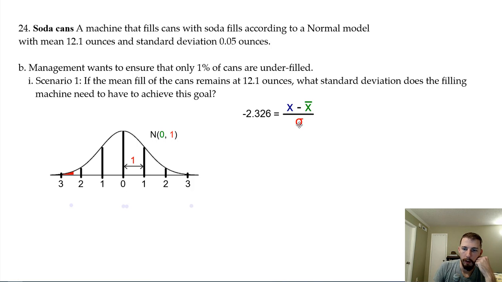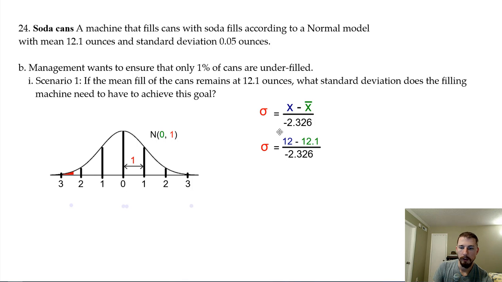Then this is the z-score, which is the observation minus the mean divided by the standard deviation. Now our observation that we're looking for is 12, and our mean is going to be the exact same, 12.1. So it's 12 minus 12.1. Now a trick that we can do here is we can actually switch the order of these two because we're multiplying both sides by the standard deviation and dividing both sides by our z-score.